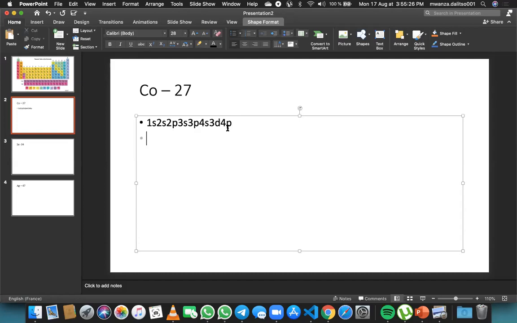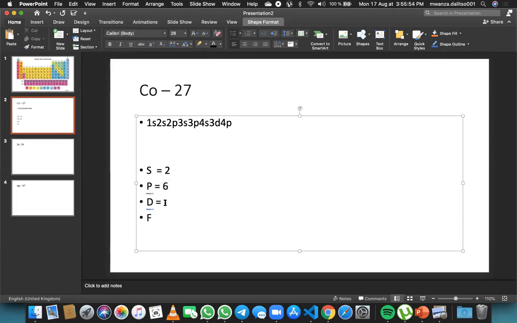Now, there's another thing you're supposed to take into consideration. I'll write something here: S, P, D, F, G. So, Mutale, how many electrons does S occupy? 2. Then P occupies 6.